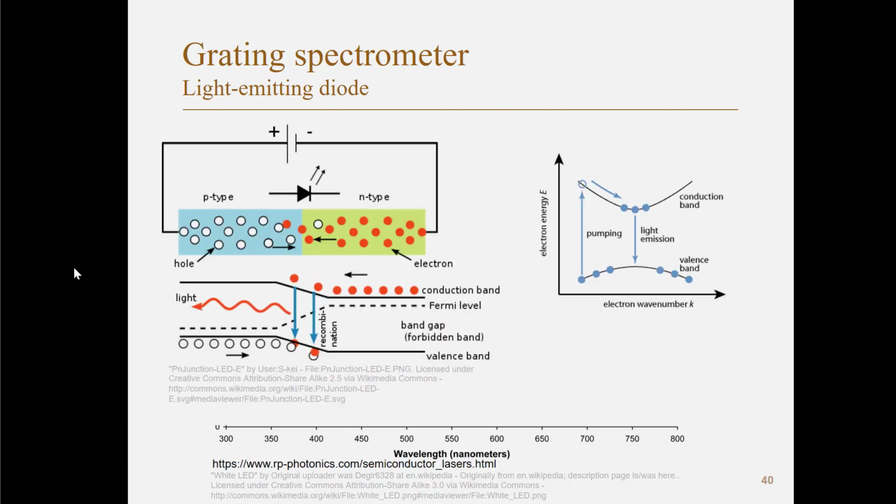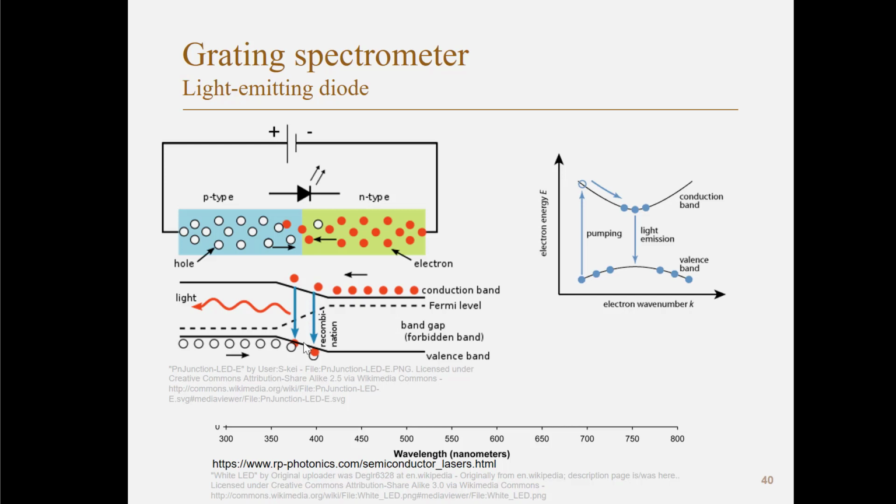Here we have a picture of an LED, and the LED has one p-doped region and one n-doped region, and you put a voltage across this PN junction. In the conduction band we have electrons and they move into the middle, and down here in the valence band we have holes, where there are missing electrons, and they also move into this combination region.